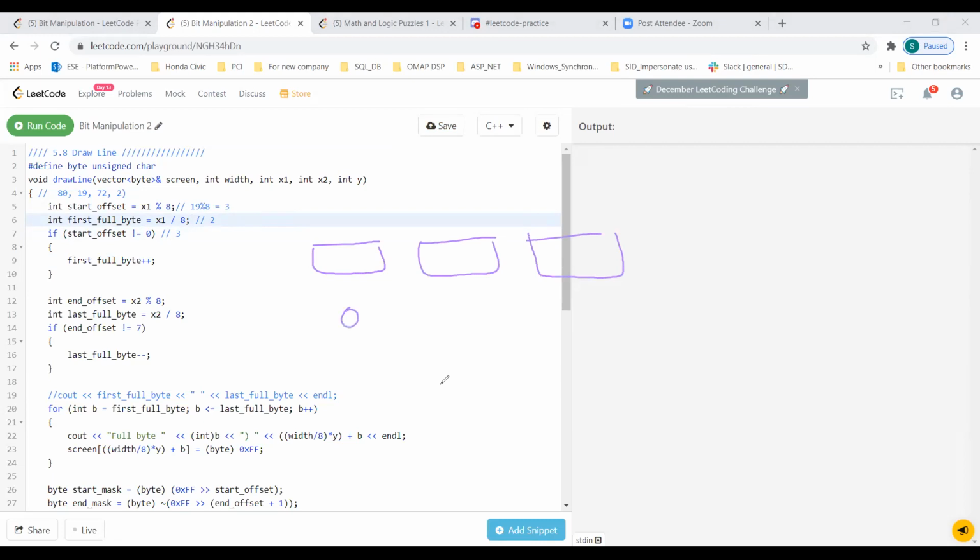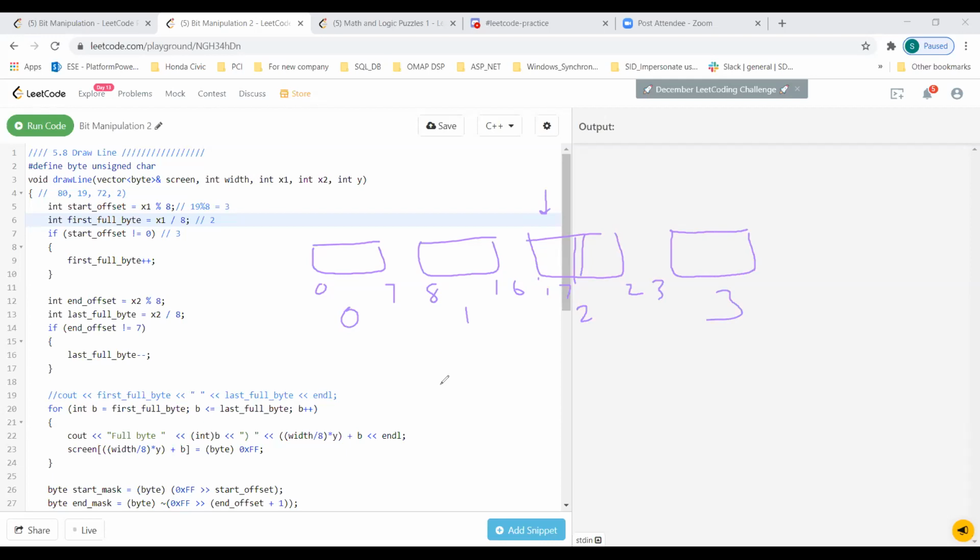We have 8 bits each, so this is 0 to 7, this is 8 to 15, and this is 16 to 23. Now my 19 lies in here, correct? It is 16, 17, 18, 19, somewhere here. So this is where it starts, and therefore my next full byte will be after this. So my next full byte will be 3.